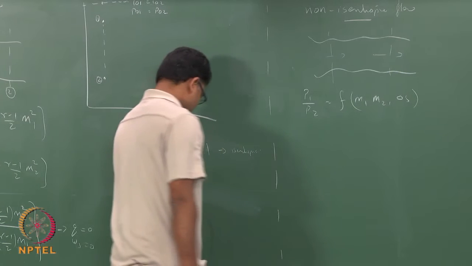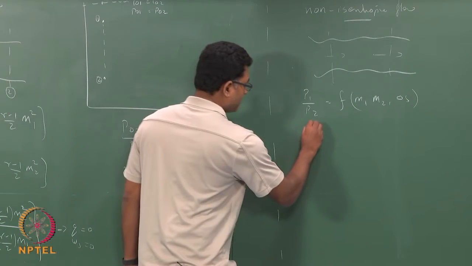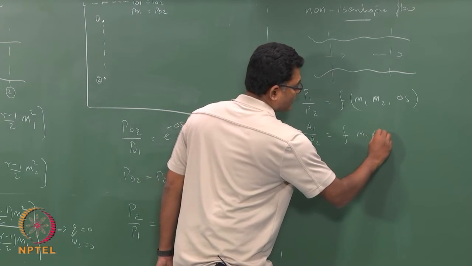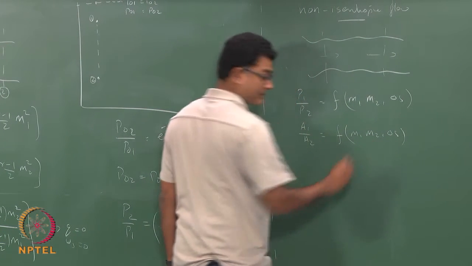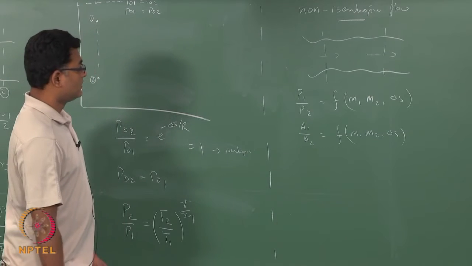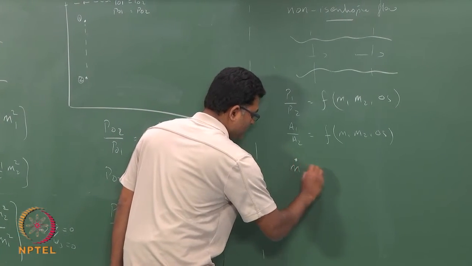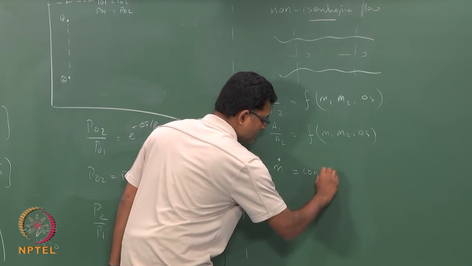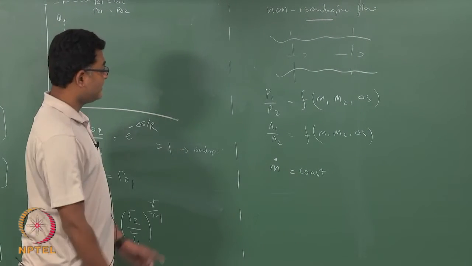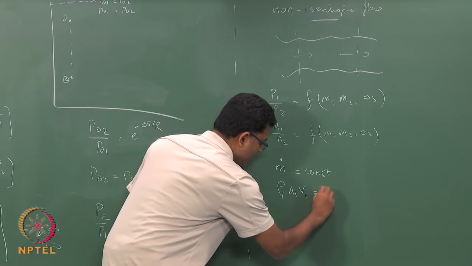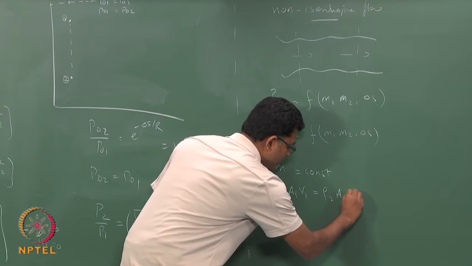If that is true, then my A1 by A2 also depends on M1, M2 and delta S. My m dot is constant. So, I can write rho 1 A1 V1 equals rho 2 A2 V2.